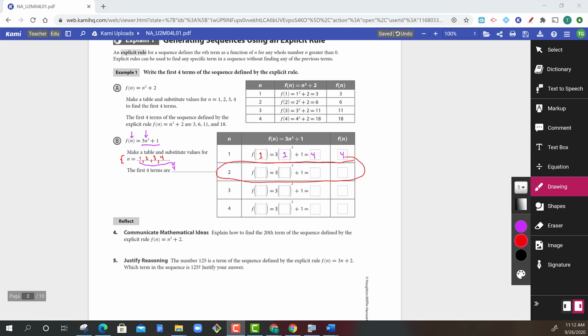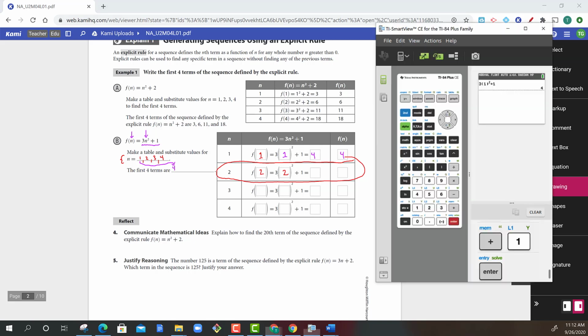All right, so in the second row, we are trying to find f of 2. So this time we're squaring 2, and then we're multiplying it by 3 because the order of operations says exponents before multiplication. So 3, let me show you a cool trick. If you have a graphing calculator, hit second, enter.